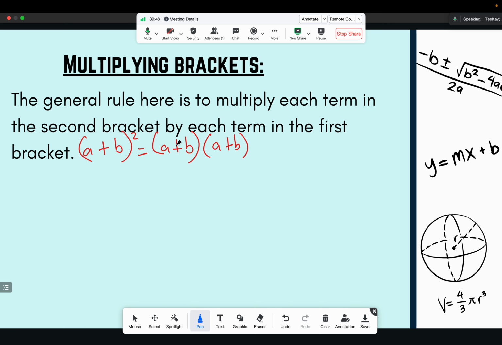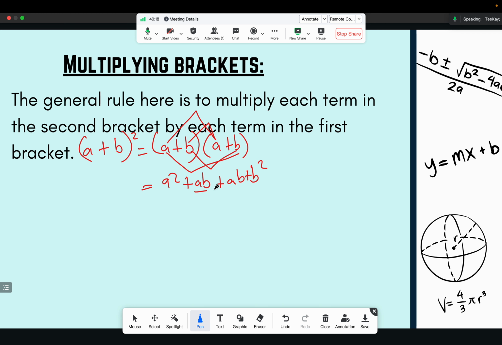Then we just follow the rule we talked about before. This and this will give us A squared. This and this will give us AB. This and this will give us BA, but let's just say AB, because it doesn't matter the way you write it. And this will give us plus B squared.